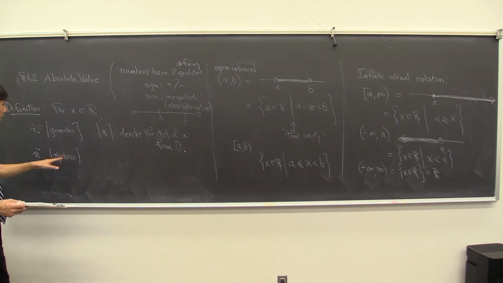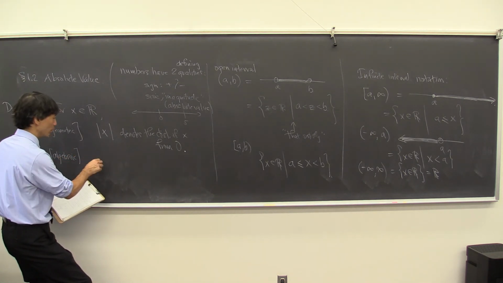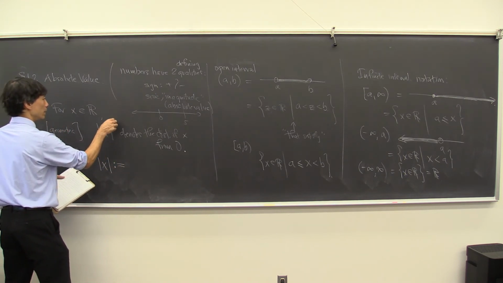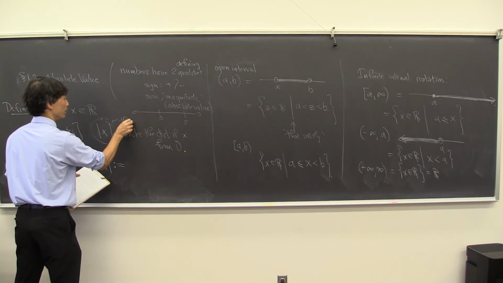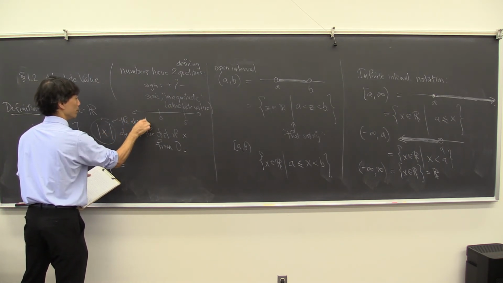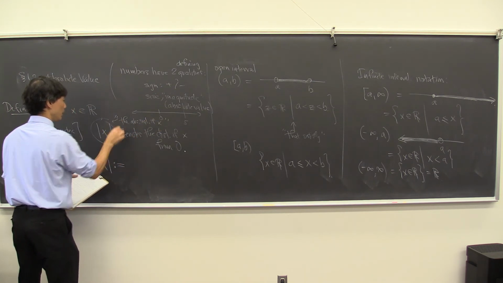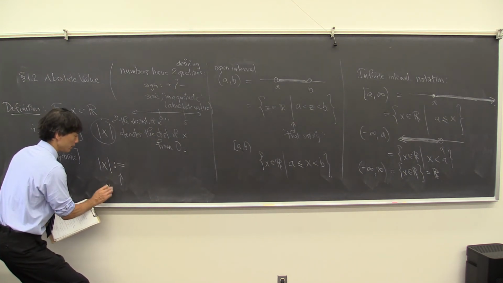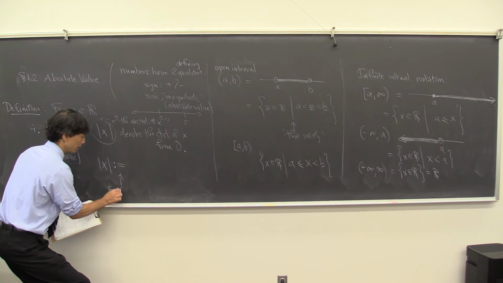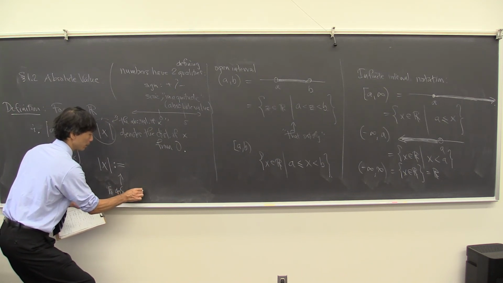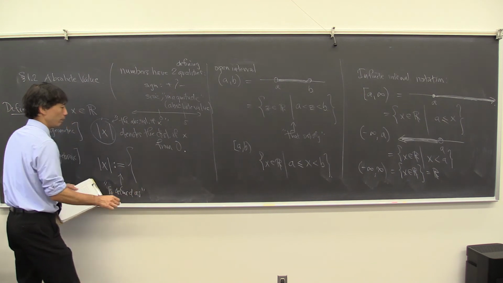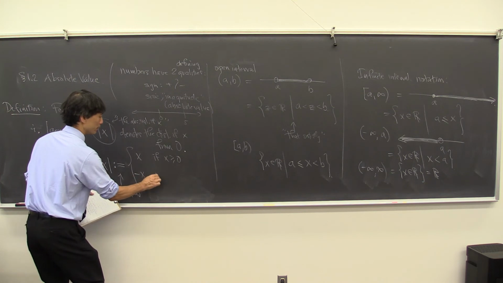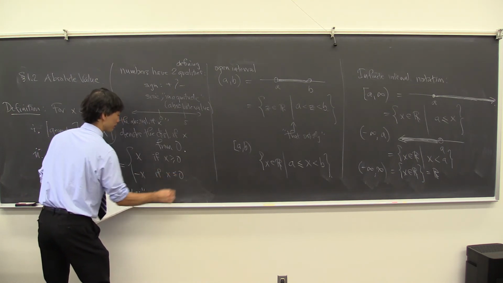But in any case, the algebraic definition is maybe the more formal definition. The absolute value of x, read as "the absolute value of x," is defined to be, notice I've introduced a new symbol, x if x is greater than or equal to 0, and negative x if x is less than or equal to 0.